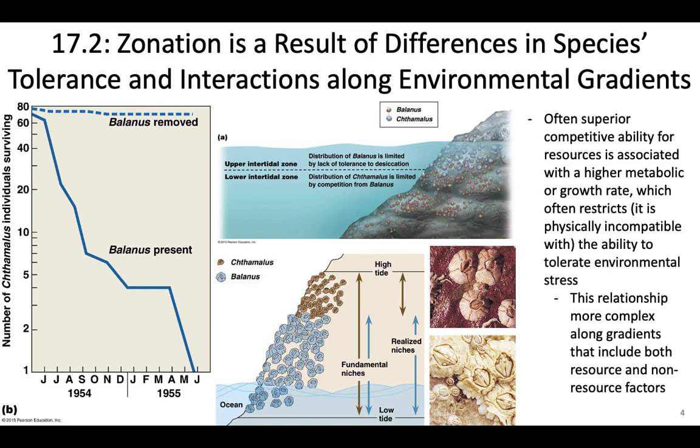So we talked about zonation in either the last lecture or the lecture before that. Let's talk about how you get zonation in the first place. It generally is a result of differences in species tolerances along environmental gradients and then their interactions at those borders of the environmental gradients. So a lot of the structure that you see in communities that exhibit zonation has to do with the growth rates of the species that live there.